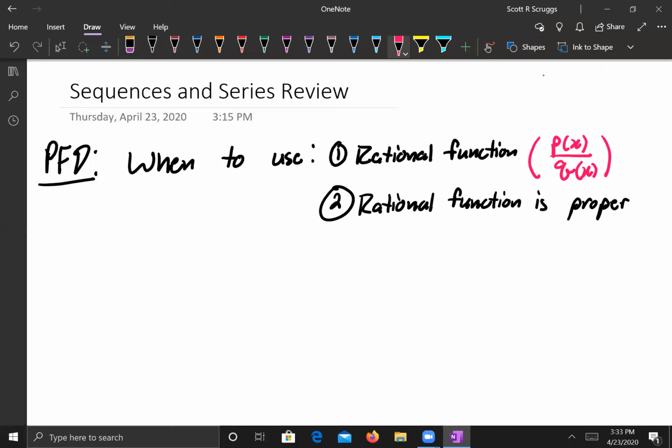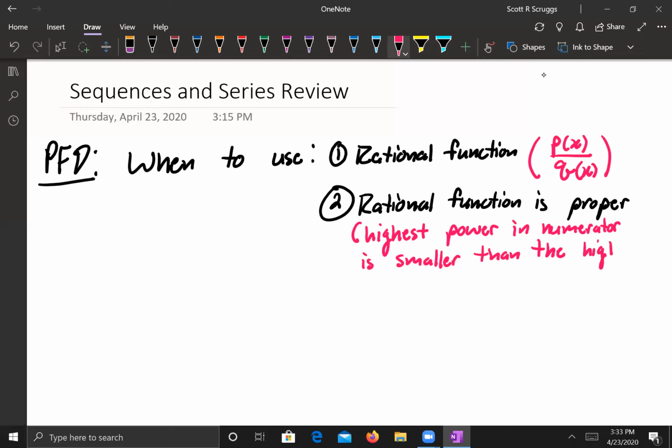What I mean is the highest power in the numerator is smaller than the highest power in the denominator.